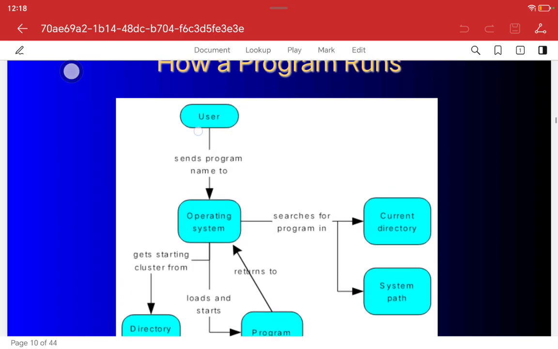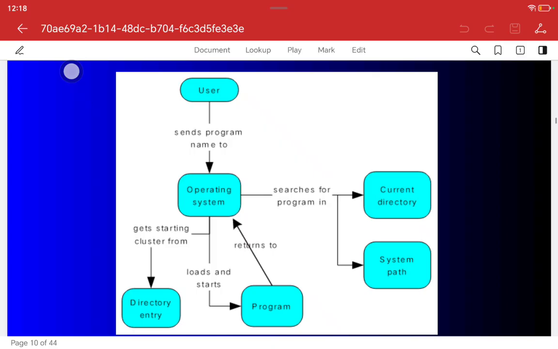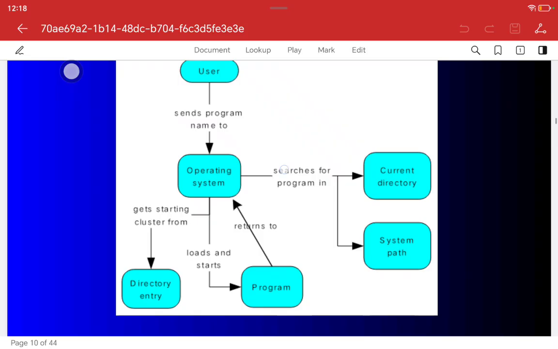First, when we look at this, they say that we have a user, which is me and you. Then a user sends a program name to the operating system. What happens is that it searches for the program in the current directory or the system path. Here it's like when you remember from Java, when you want to use code, let's not talk about Code::Blocks, that one's from C++. When you want to use Visual Studio, right?